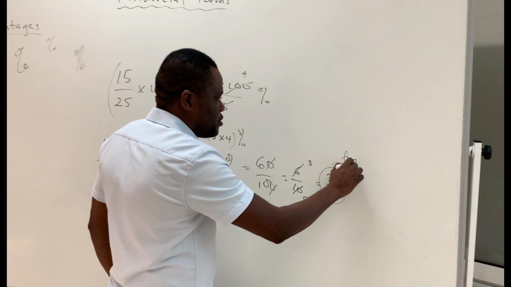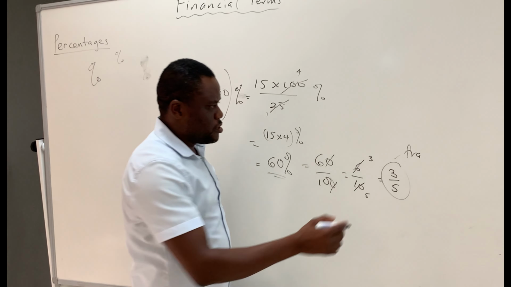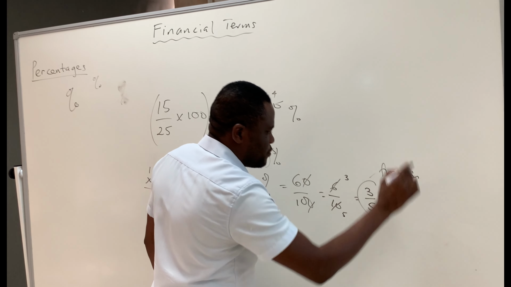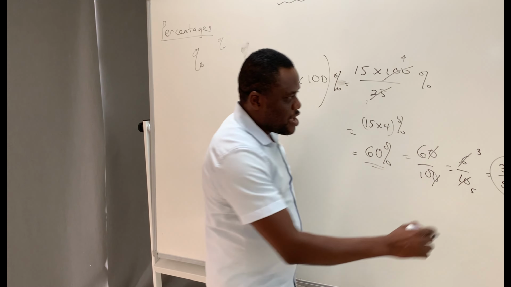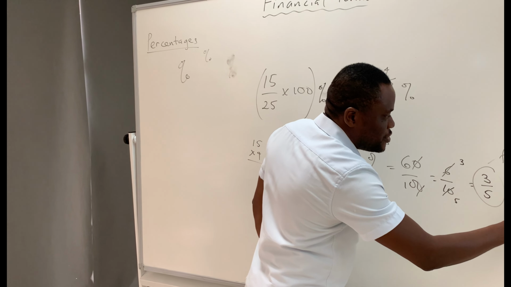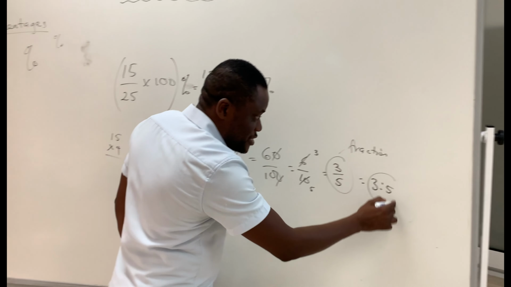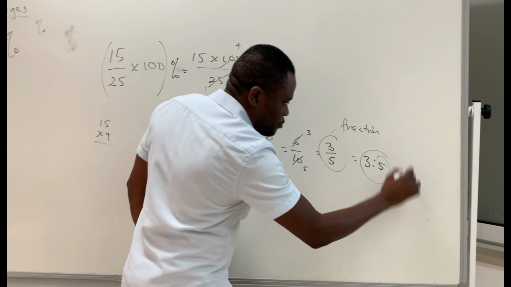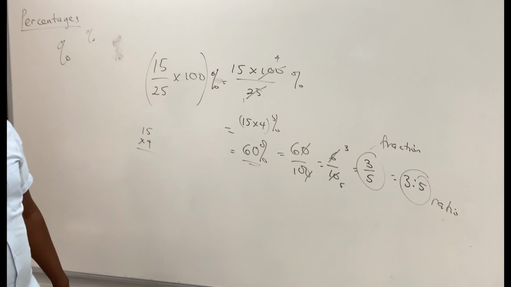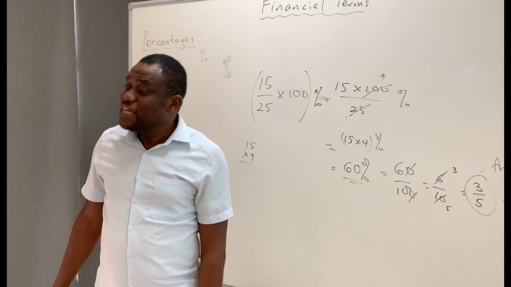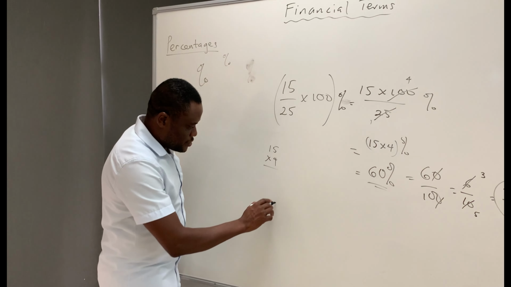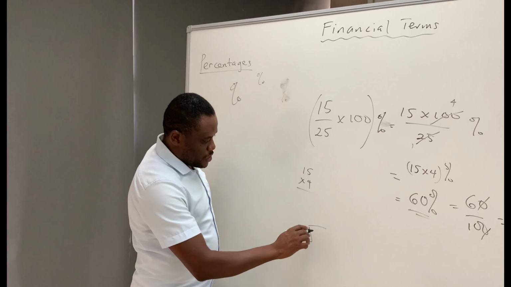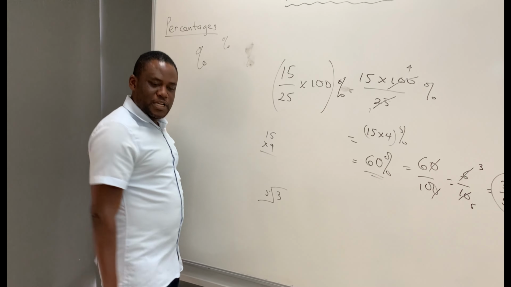You remember fraction, right? This is fraction. If I like, I can convert this to ratio. I can say it is 3:5. This is in ratio form. Right? If I like, I can convert to decimal. So for decimal, I have to use my fraction, right? 3 is here, 5 is outside.